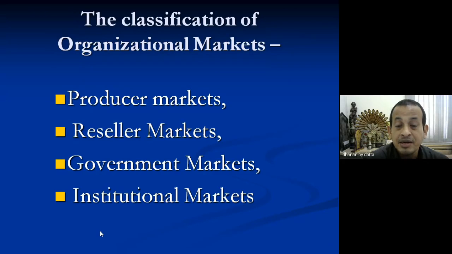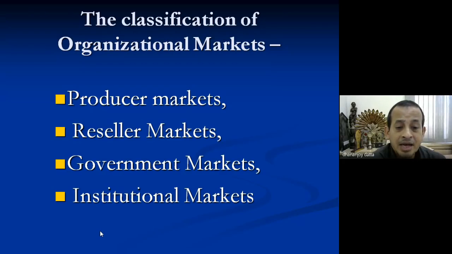If the government purchases, think about how much quantity of goods they need to purchase and what the market size is. The purchases happen at the village panchayat level, subdivision level, district level, state level, then central level. So these basically are the areas of the government market. And the government also purchases different goods for their own use.